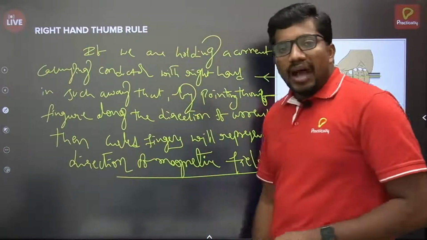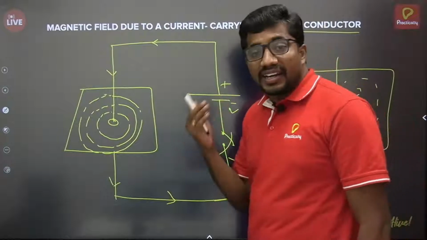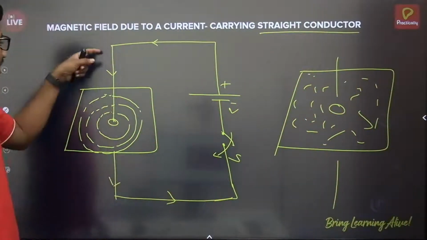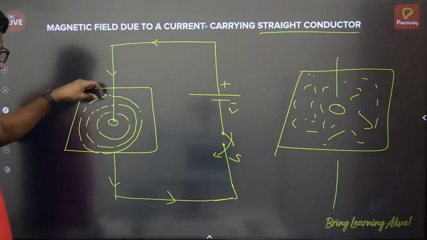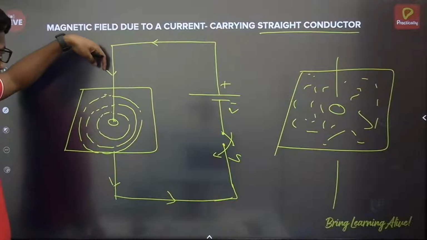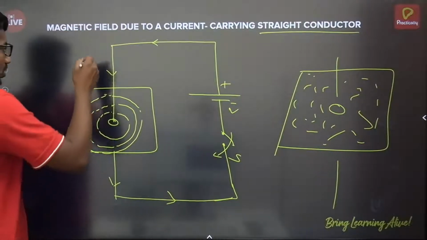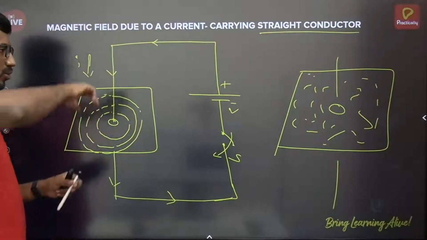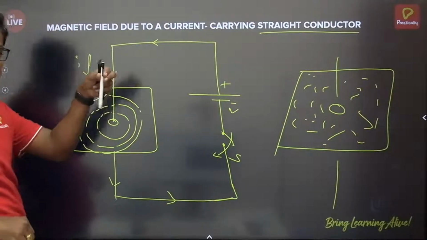Now I am going to obtain the direction of the magnetic field for a current carrying straight conductor. Here I have taken a current carrying straight conductor, carrying current from top to bottom like this. This is the direction of flow of current, right? So you have to hold this conductor like this.